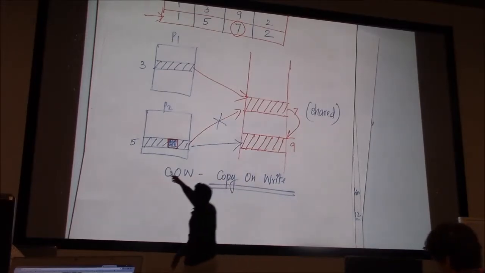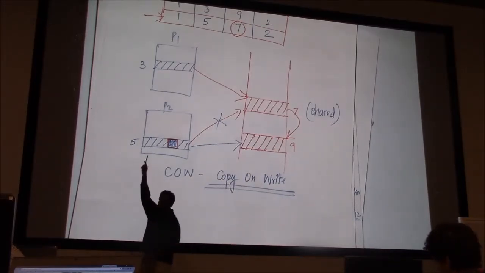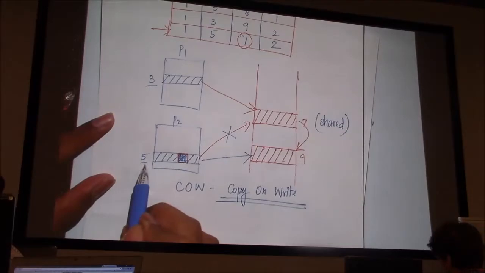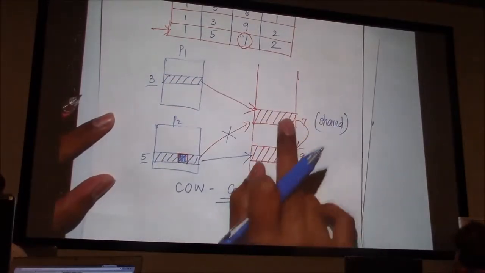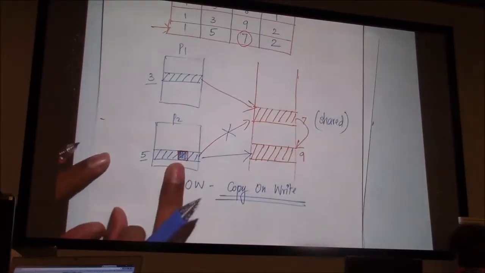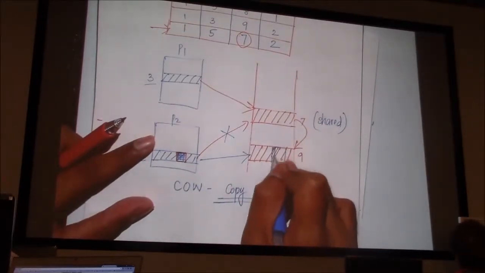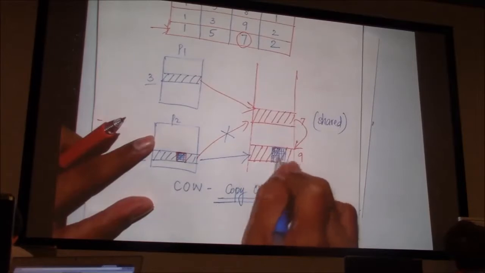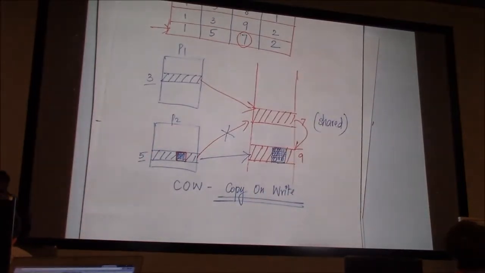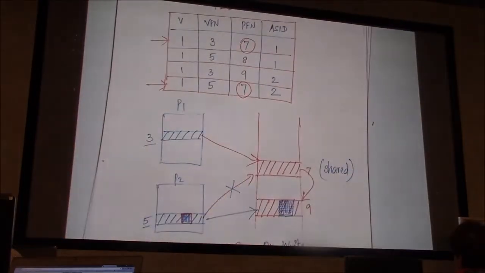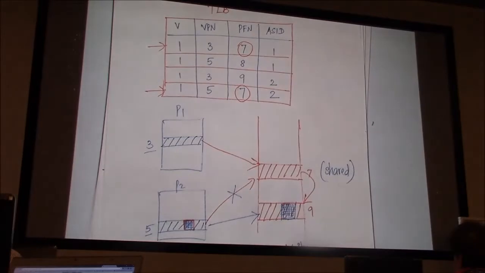After a fork, virtual page 3 will be the same in both: this will be 3 and this will also be 3, pointing to the same physical frame. And then if something changes, you copy that particular thing so that you can have the changed value in this new location. Something like this. And this particular technique is called copy on write. Now, we just saw the different ways to solve this, and this is another way to solve this particular thing.